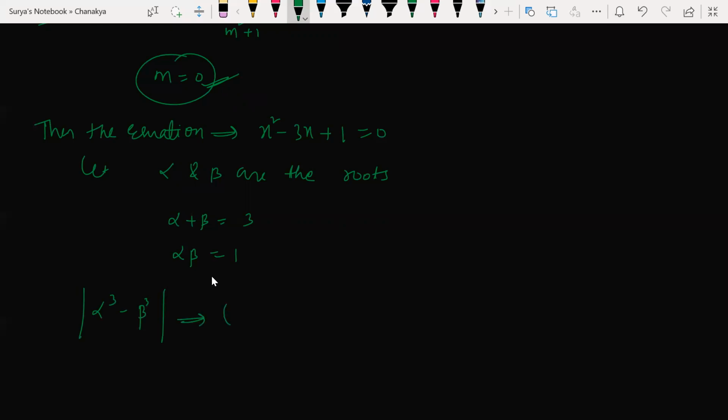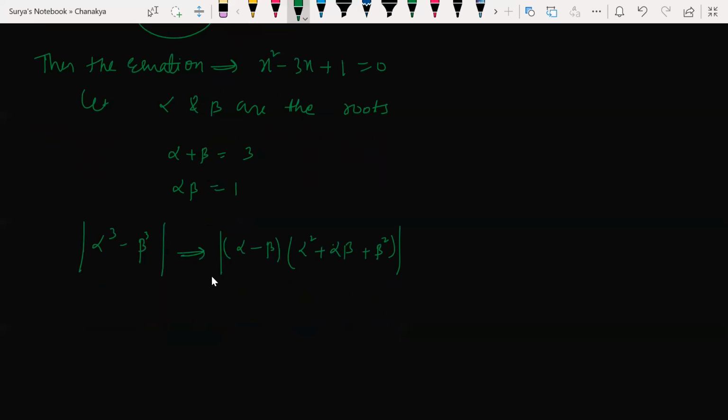A cube minus B cube is A minus B into A square plus AB plus B square, right? So alpha cube minus beta cube is alpha minus beta into alpha square plus alpha beta plus beta square. Alpha plus beta is 3. What is alpha minus beta now?